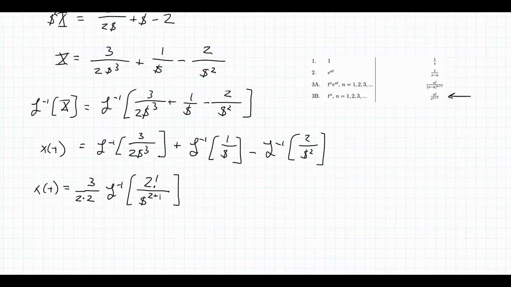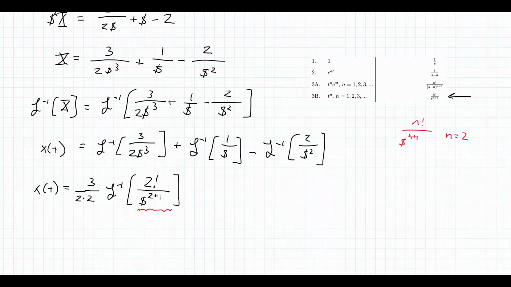I multiplied this by 2 over 2 so that the inside of the Laplace transform looks like something on the table, and then that 2 in the denominator I just have on the outside. So now if I look at this stuff here, it's in the form of n factorial over s to the n plus 1 power for n equals 2. So I will be able to now do the inverse Laplace transform because it looks like what we have on the table.